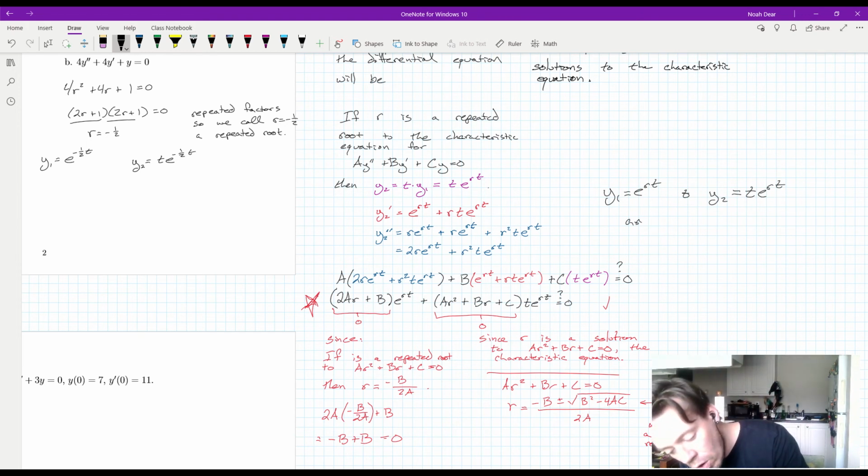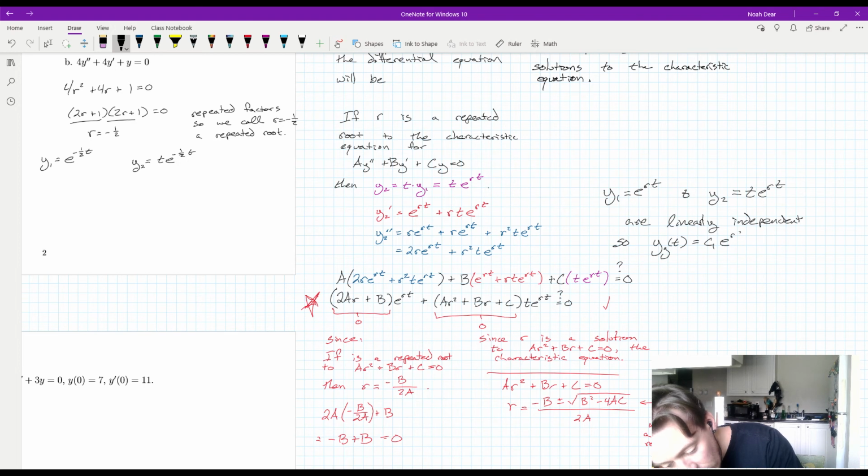So these are linearly independent, which is what we need for a general solution. So the general solution is going to be c1 e to the rt plus c2 t e to the rt.